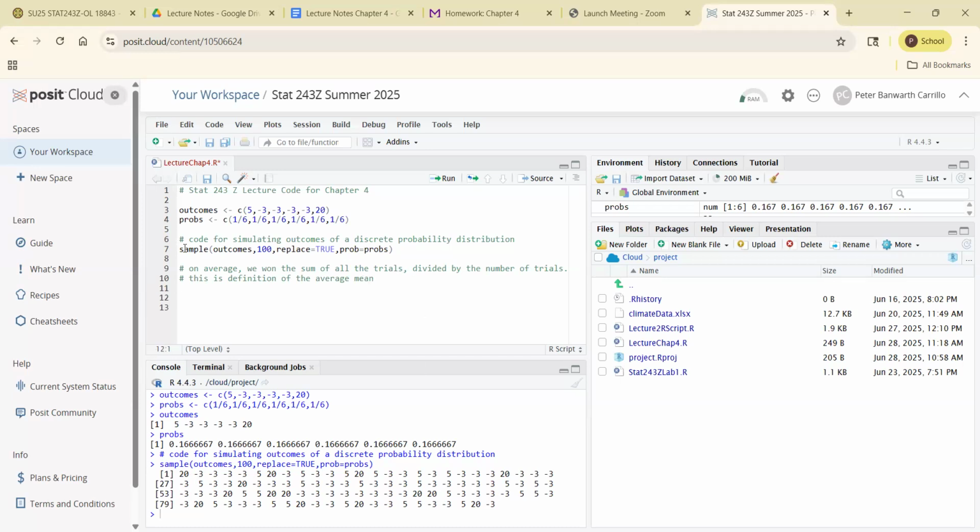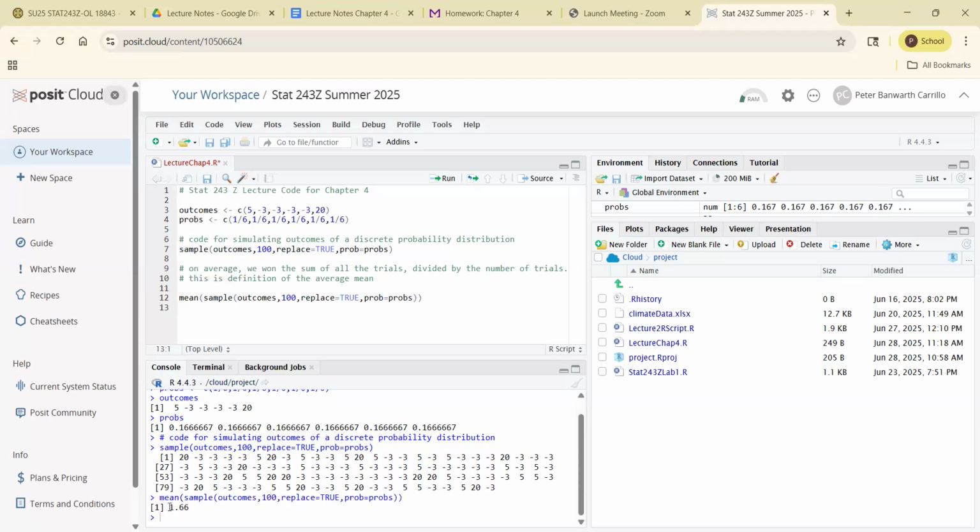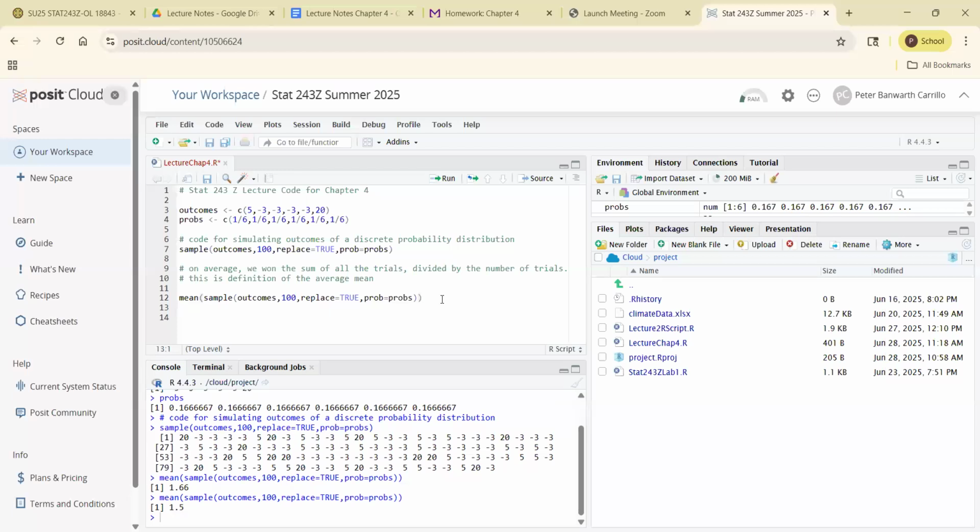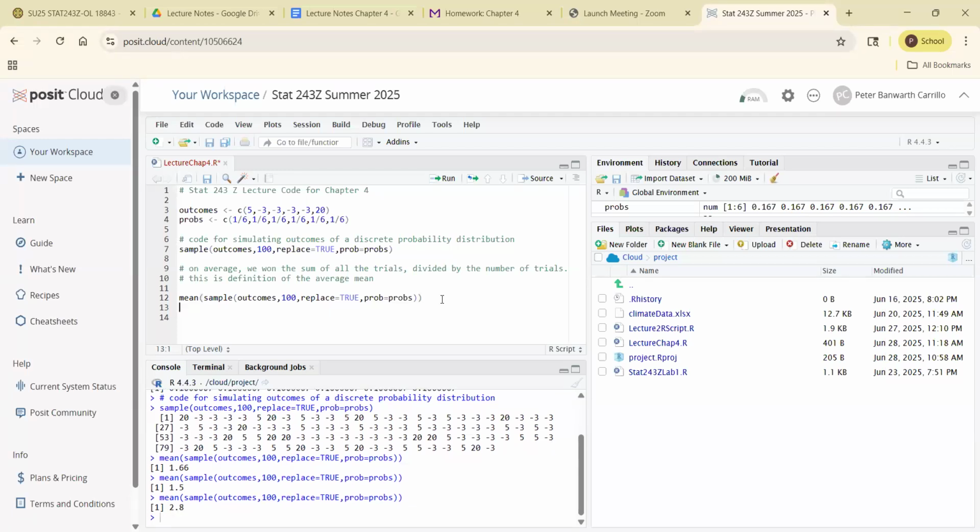So let's do that. In R, it's pretty simple. We can just take the mean of that sample. And we see that on average for this sample, we made $1.66. Let's do it again. This time we made $1.05. And again, this time we made $2.80.